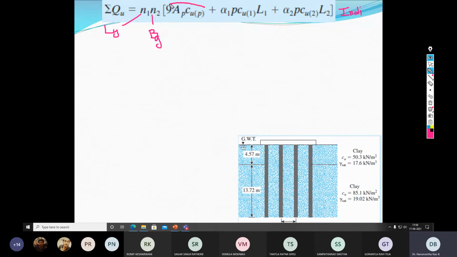So 9 AP Cu is nothing but the point bearing capacity QP, that is at the pile tip.